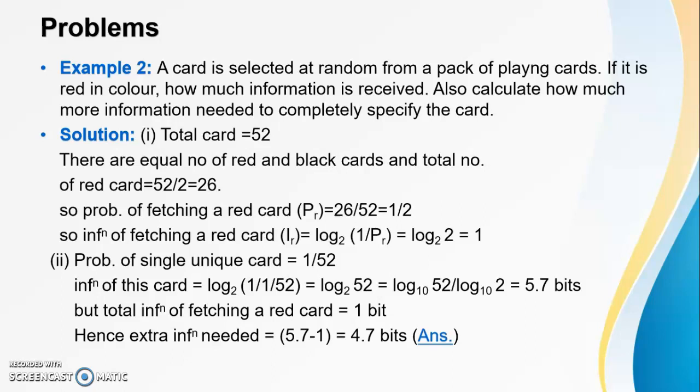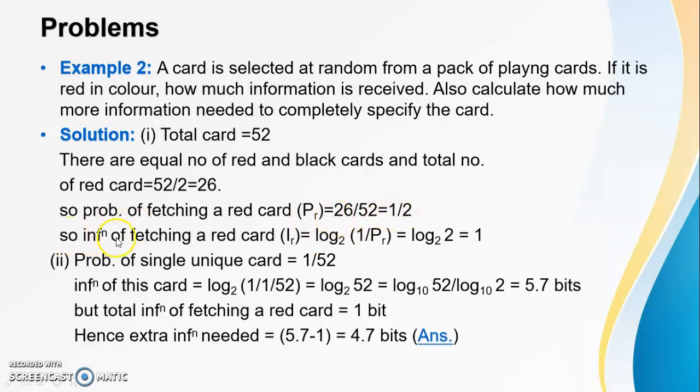Now we know that the total number of cards is 52. There are an equal number of red and black cards in a pack. So the total number of red cards equals 52 by 2, which is 26. So the probability of fetching a red card, denoted here PR, is 26 by 52, or half.